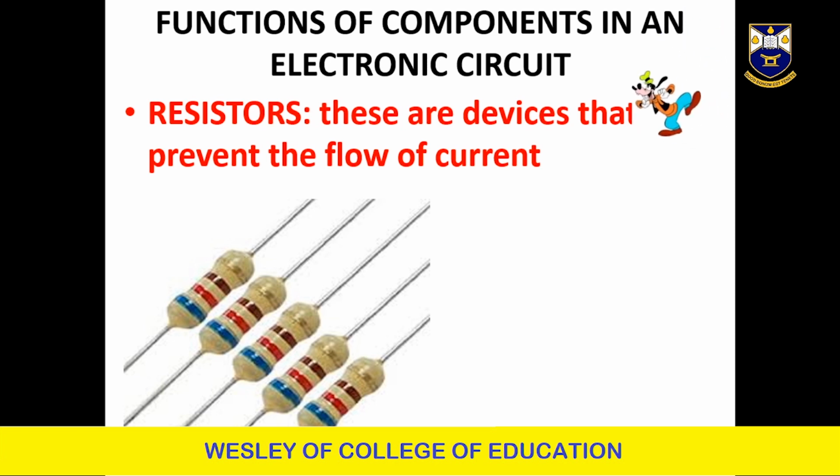They come with color bands. You can see very beautiful color bands, and these colors on the resistor identify them by their magnitude, their sizes, so that you get to know that this is 22 kilo ohms, this is 50 kilo ohms, or 40 kilo ohms, or 1 ohm, or whatever.